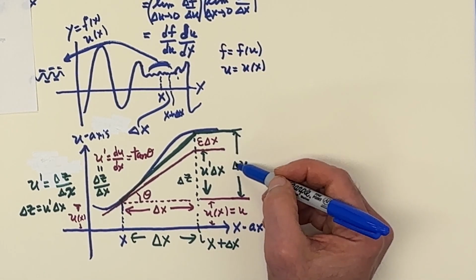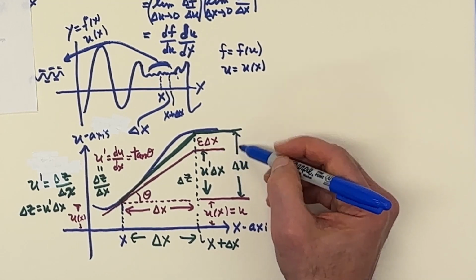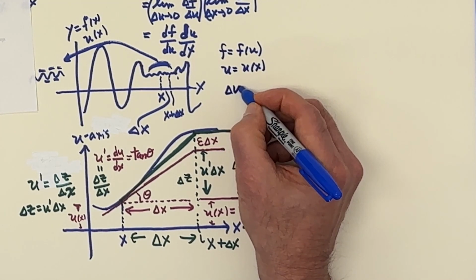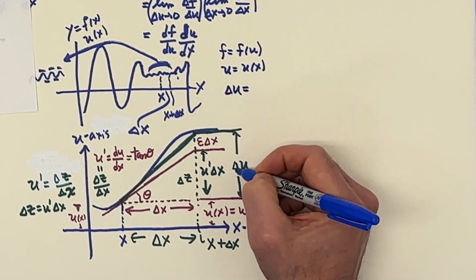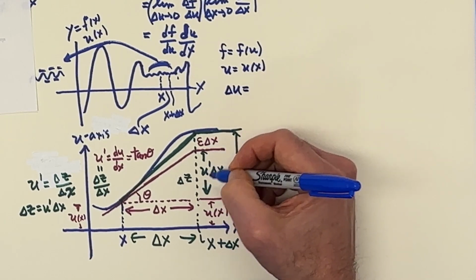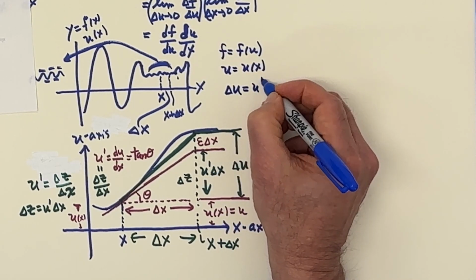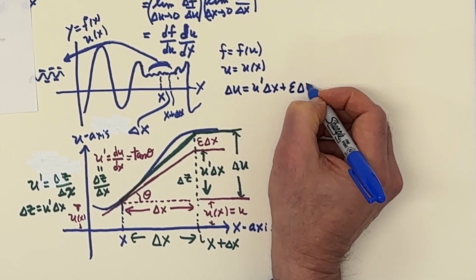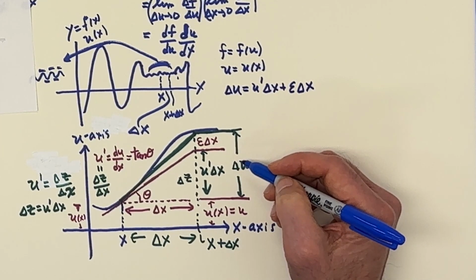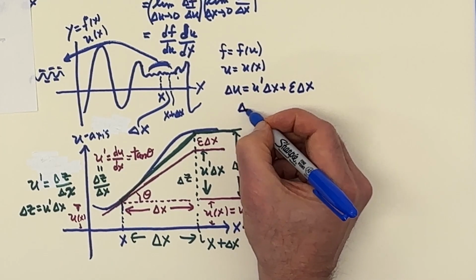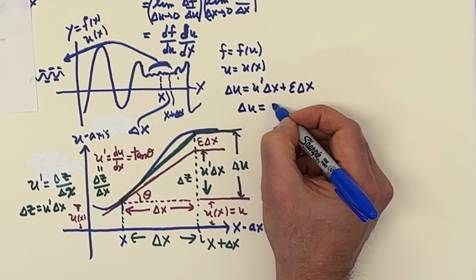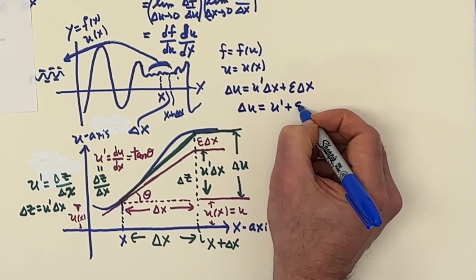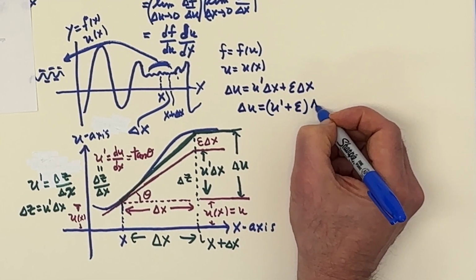So now I'm going to write down here this delta u as a sum of these two terms, u prime delta x plus epsilon delta x. So in other words, delta u is u prime plus epsilon times delta x.